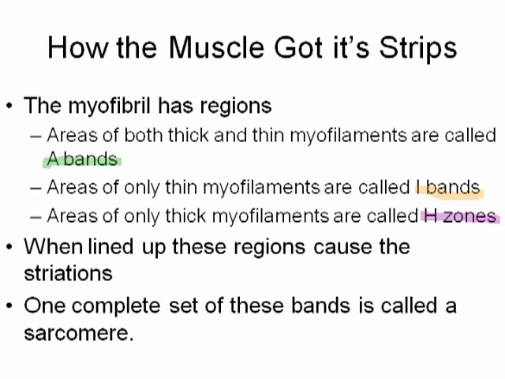You're not seeing the myofibril, you're seeing the myofilaments shining through those various layers as the thick and the thin myofilaments are overlapping one another. One complete set of thick and thin myofilaments, including the A bands, the I bands, the H zones, the Z lines, the M lines, and everything else, is what we refer to as a sarcomere.